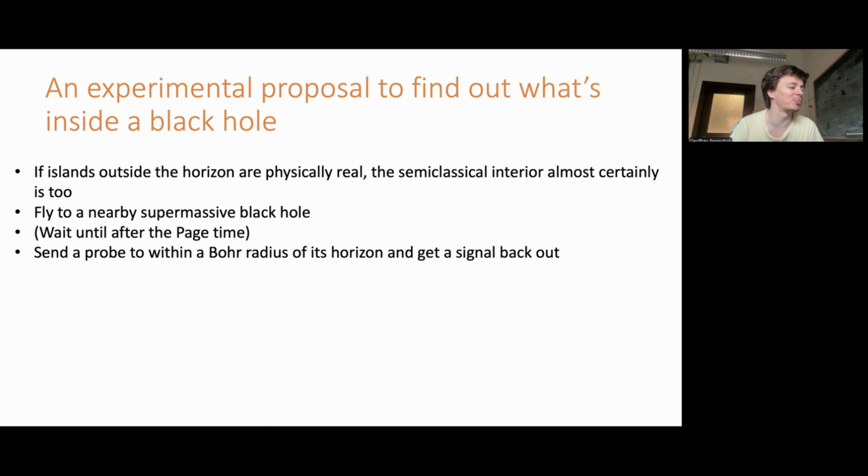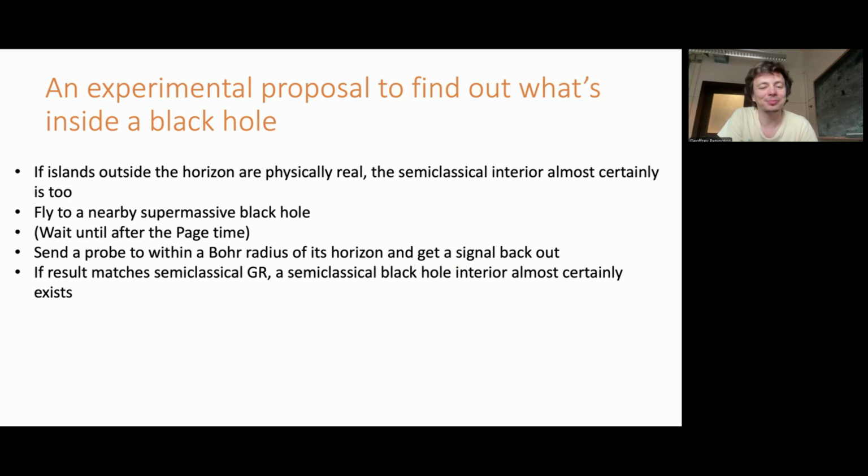We talked in the paper a bit about how you could try to do this. It's pretty hard, but in theory, it can be done. And then if we get an answer that matches what's expected from semi-classical GR, we can be pretty confident that the interior is real, and what's inside the black hole is just a load of empty space until you hit the singularity.